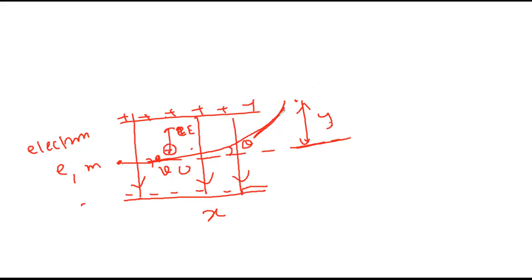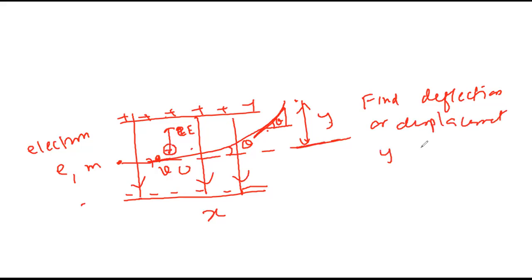For drawing the angle, you can take a tangent at any point, and then this is the angle of deflection. So the question is to find the deflection, or you can say displacement, it's the same, y, and the angle of deflection theta.